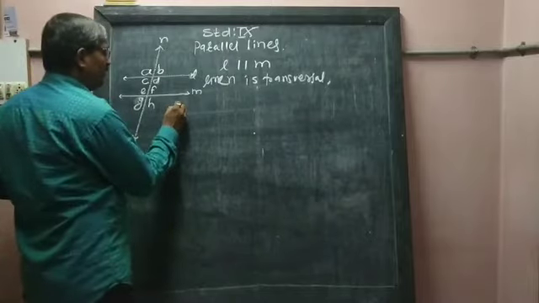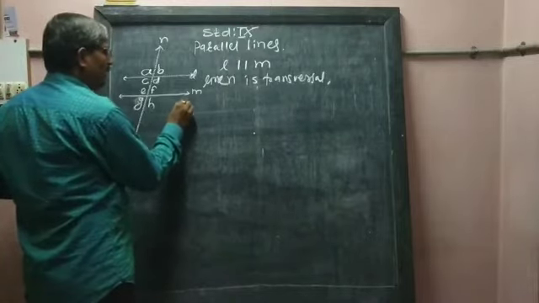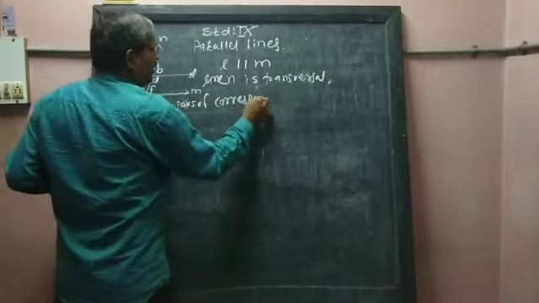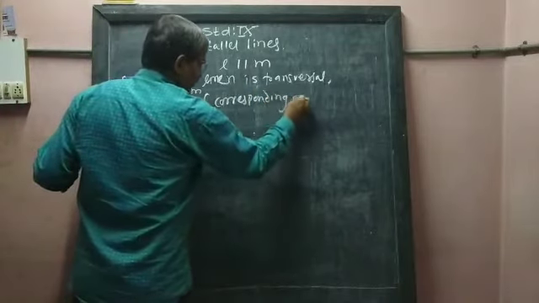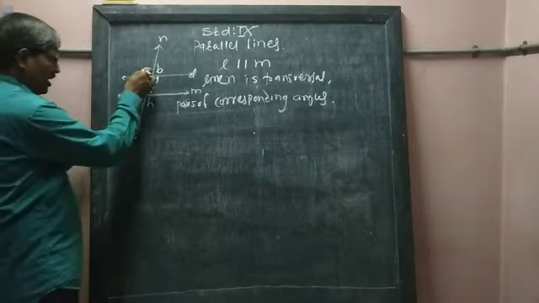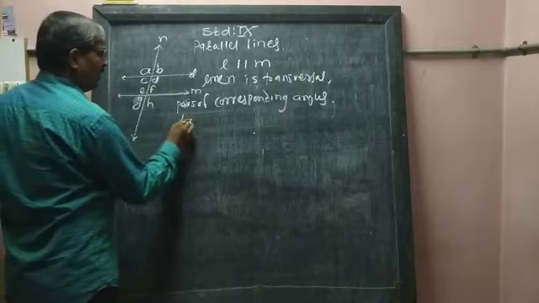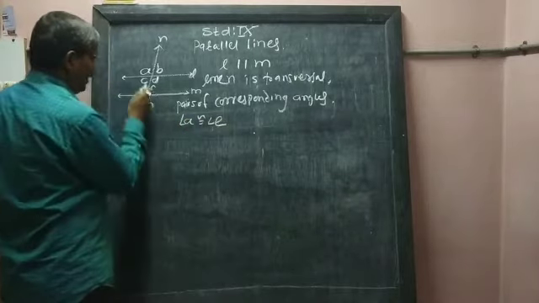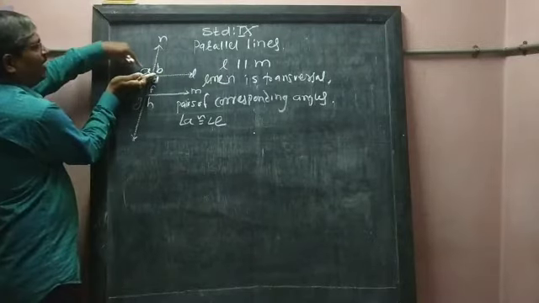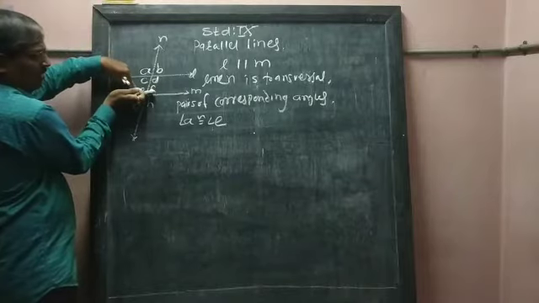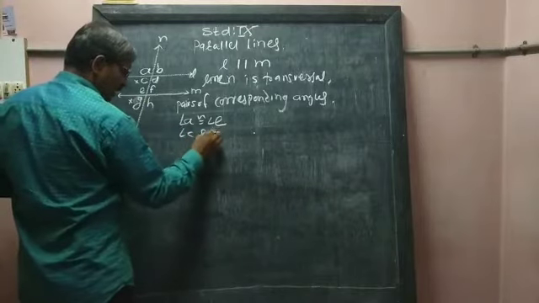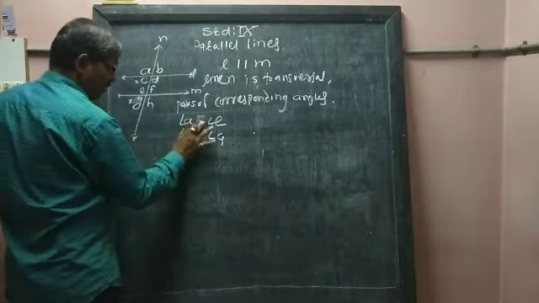Now I am going to write here pairs of corresponding angles. Which are the corresponding angles? Here, angle A and angle E are congruent, on the same side of the transversal, above the line. Then angle C and angle G are congruent.